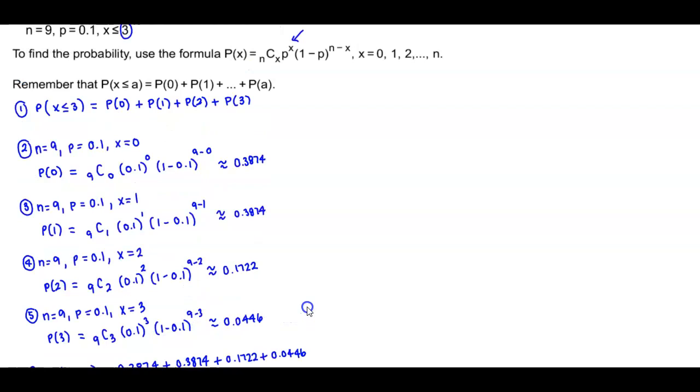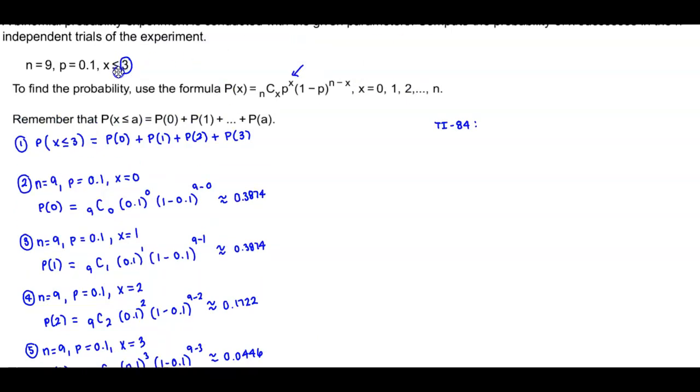Now let's go ahead and use the calculator, the TI-84. Because this says less than or equal to, this means cumulative. So we're going to use the Binomial CDF, because that means cumulative since it's less than or equal to.